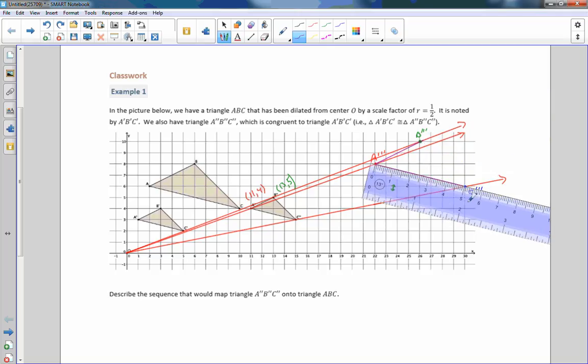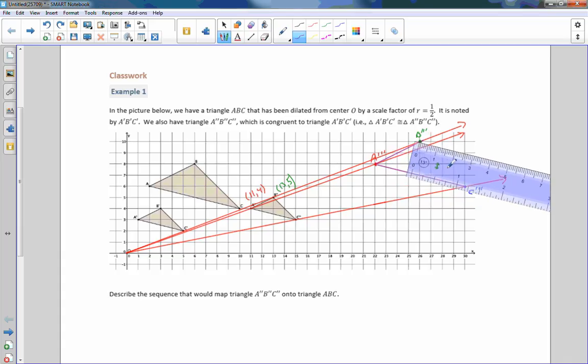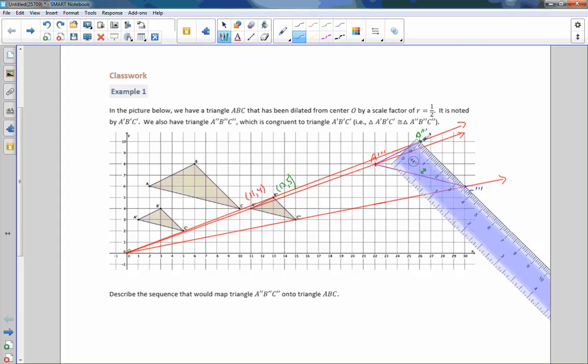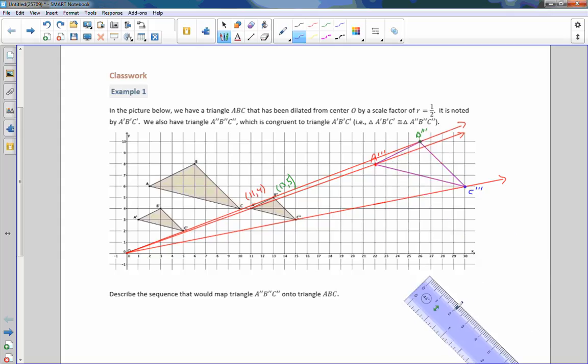So there's 2 sides of my triangle, and then I'm going to slide this over and rotate down like so. So there is my triangle A triple prime, B triple prime, C triple prime, and since I scaled it up 2, it is now congruent to the original pre-image of triangle ABC.